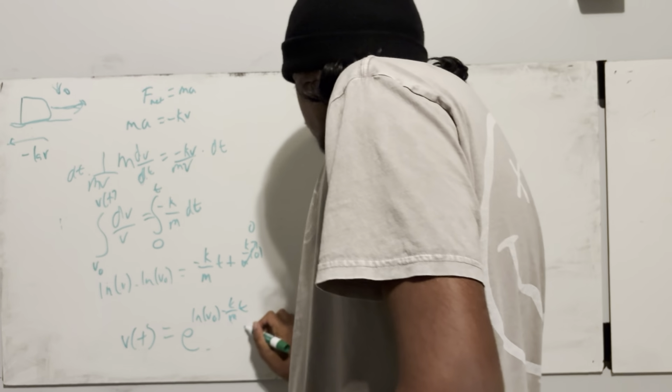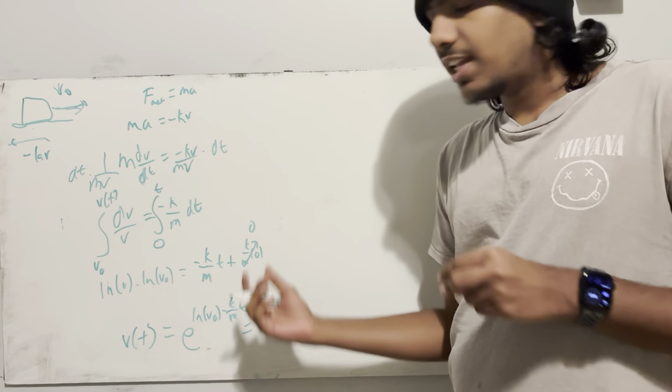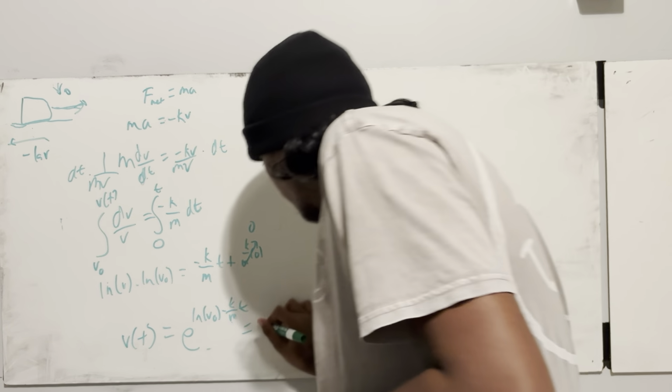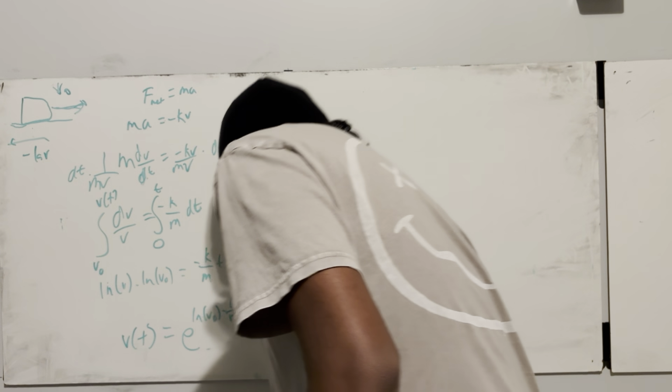You can simplify this further because you can split out the e, and e and ln would cancel. So you would get v naught times e to the negative k over m times t.